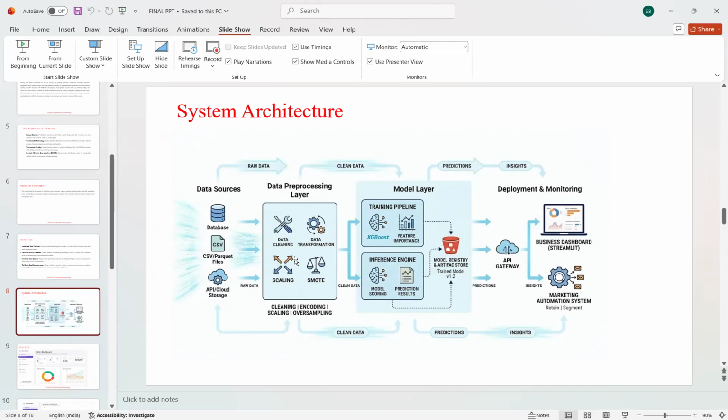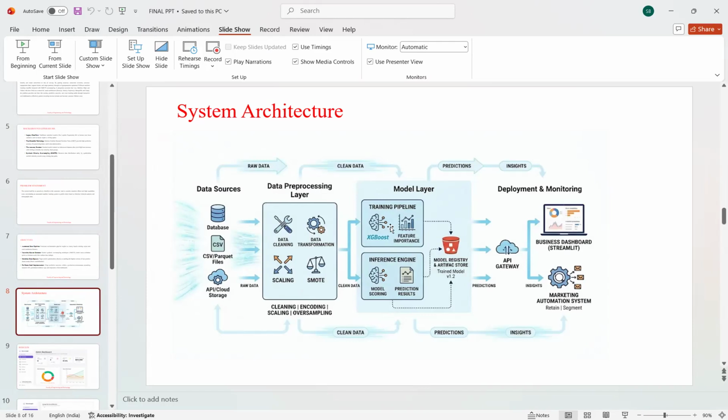Next layer will be the model layer. This layer performs the actual prediction. Here the training pipeline uses the cleaned data to train the machine learning models. This project uses XGBoost, which is one of the best classification algorithms.